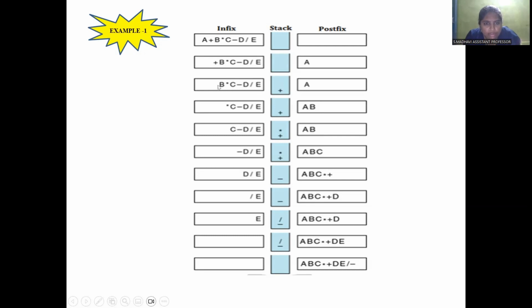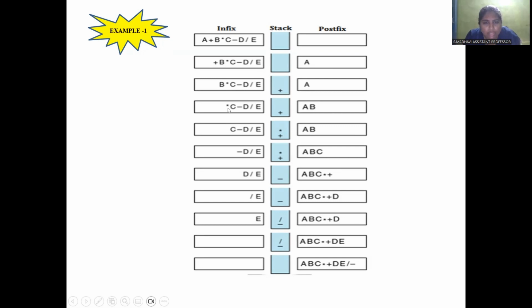Plus is an operator, so it has to be pushed onto the stack. If it is an operand, you place it onto the postfix; if it is an operator, we push it onto the stack. Next character is an operand called B, so B has to be placed onto the postfix.